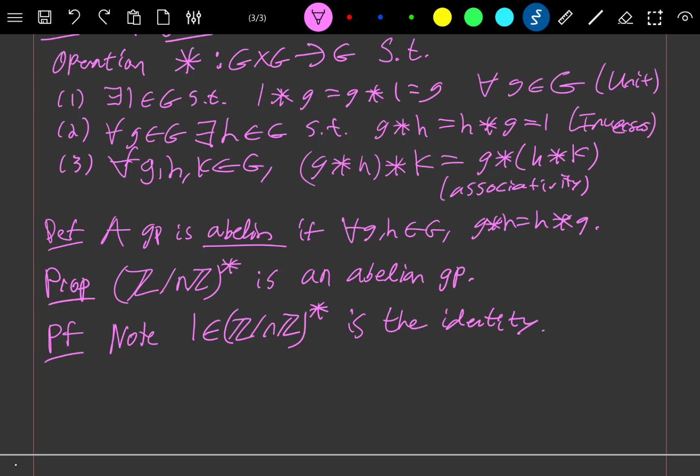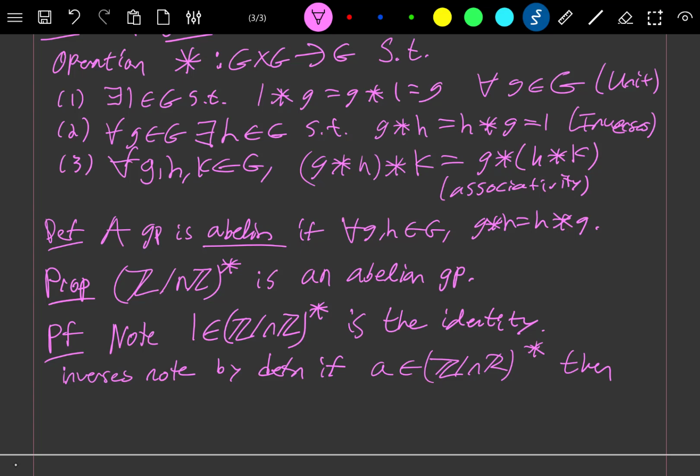For inverses, by definition, if we have an element A in Z mod nZ star, that means there exists some B in Z mod nZ such that AB is equivalent to 1 modulo n, just by definition of what a unit is.